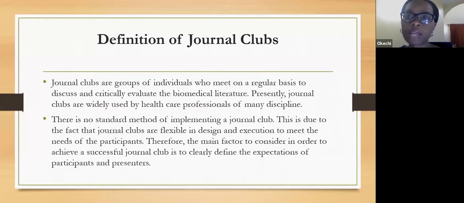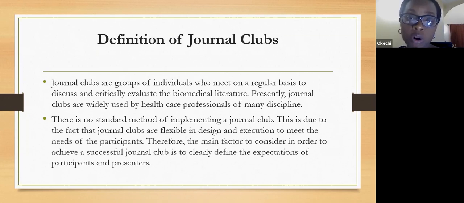So what do we actually call journal clubs? Definition of journal clubs. They are groups of individuals who meet on a regular basis to discuss and critically evaluate biomedical literature. And generally, healthcare professionals are holding a whole lot of those meetings.